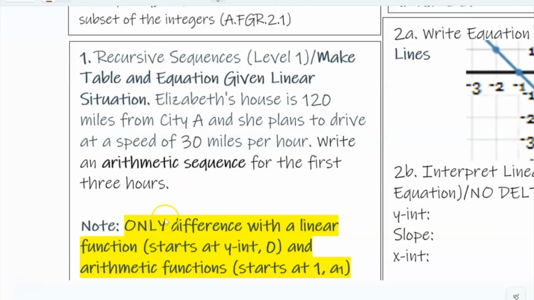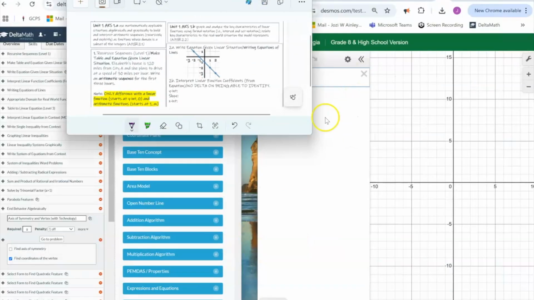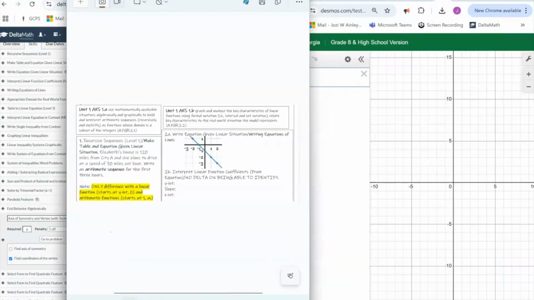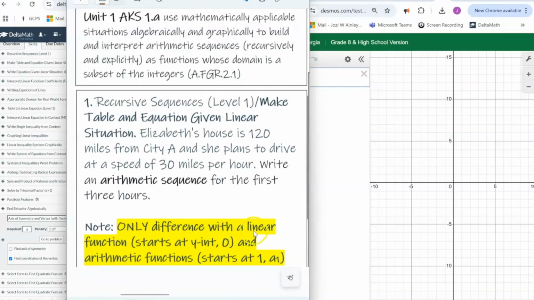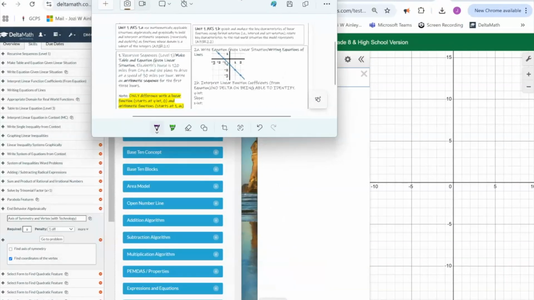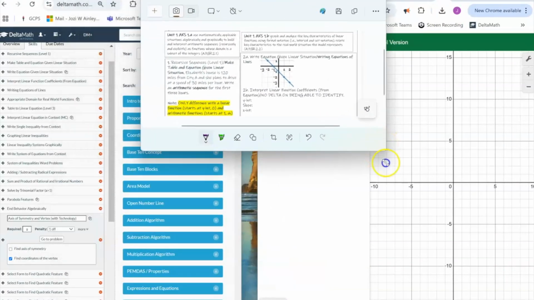So I'm going to talk about both in here, and what you need to know is the only difference between a linear function and an arithmetic function is that a linear function starts at the y-intercept. Your y-intercept is your start, it's 0. Whereas arithmetic functions, they start at 1. They start at a1, and that's going to be the main difference. So I'm going to show you both, that way you understand the difference and you're prepared for your test. So let's go ahead and start off with arithmetic.